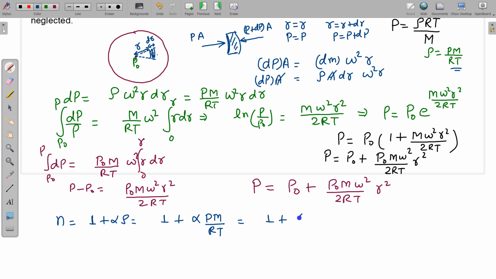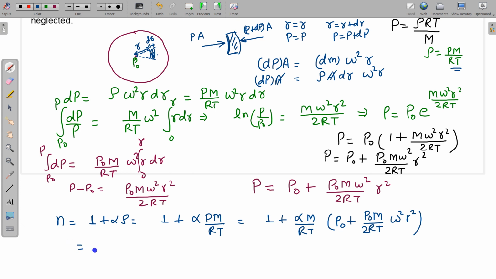So 1 plus alpha m by RT, and for pressure we can put this whole expression, P is equal to P naught plus P naught m by RT, it is 2 here, omega square r square.